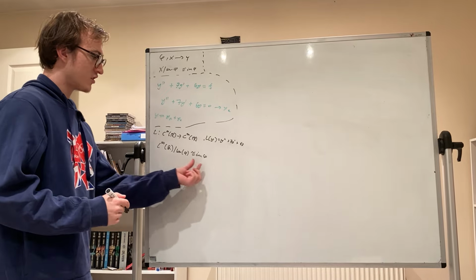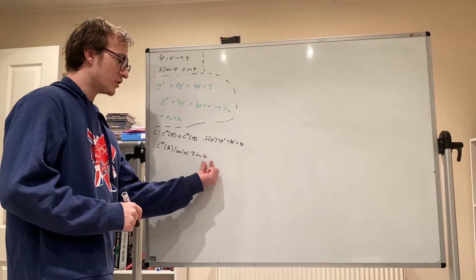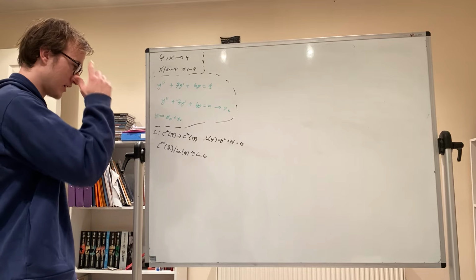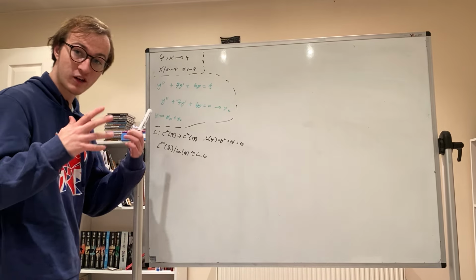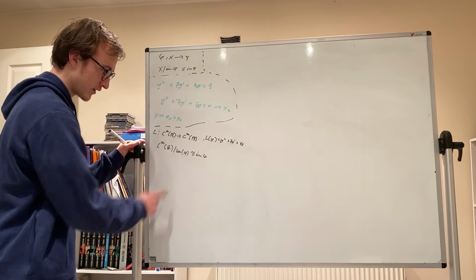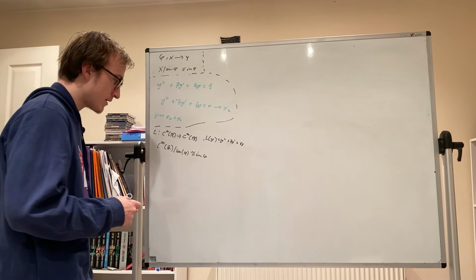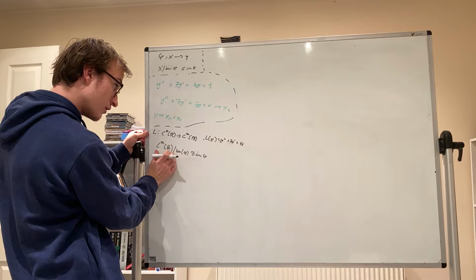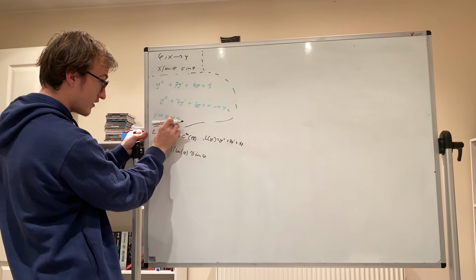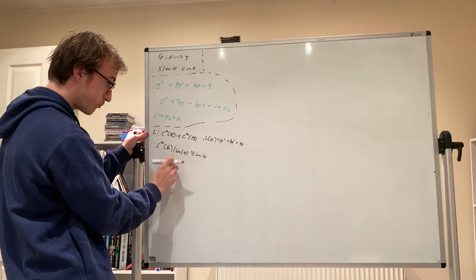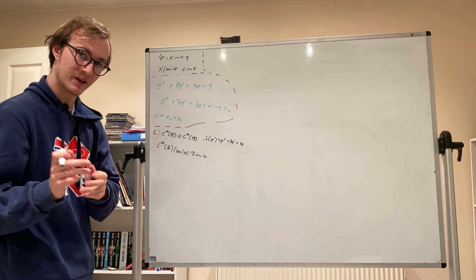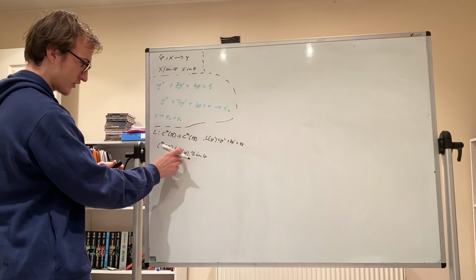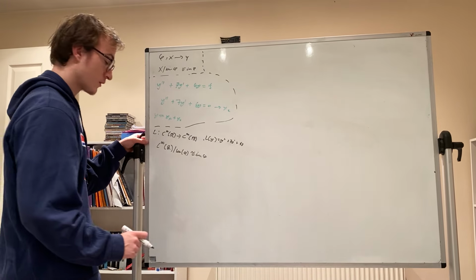And so each element of the image is represented by a coset, because remember this quotient gives us cosets. Each element of the image is represented by a coset, which is a particular solution, yp, plus the complementary function, which is just modding out by the kernel.